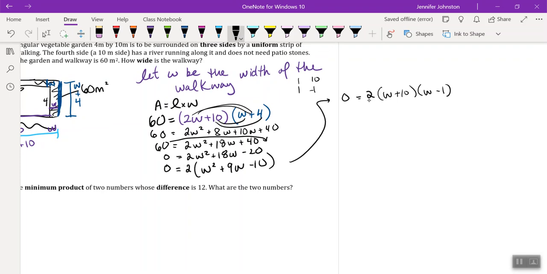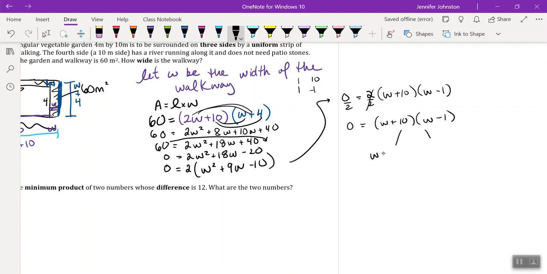Here the 2 actually, we can divide the 2 off, and the 2 actually cancels out. When we divide by 2 and divide by 2, the 0 divides the 2, and there's actually no more 2 left.